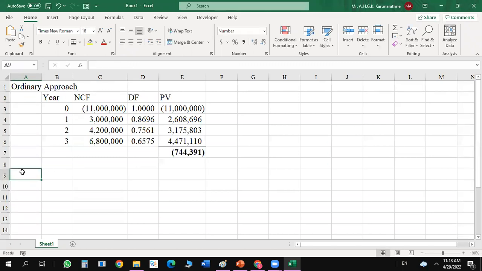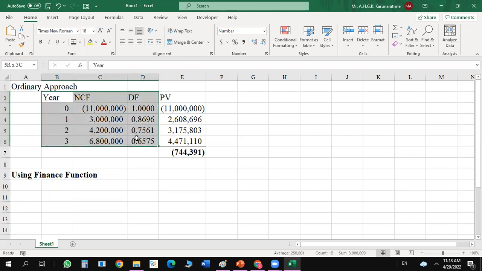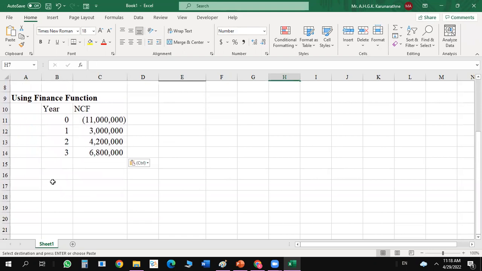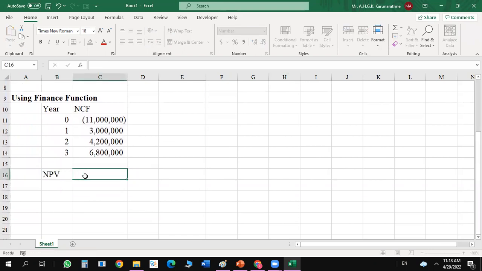So using the finance function, how to compute? Let's take the same information. Let's say we want to compute NPV.